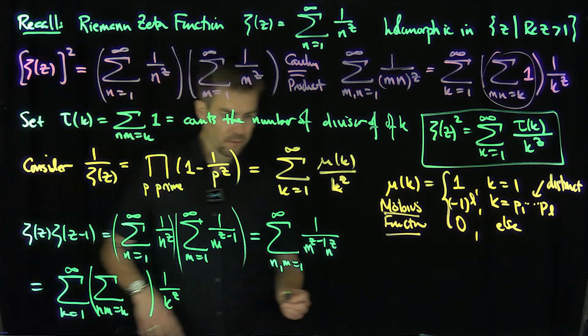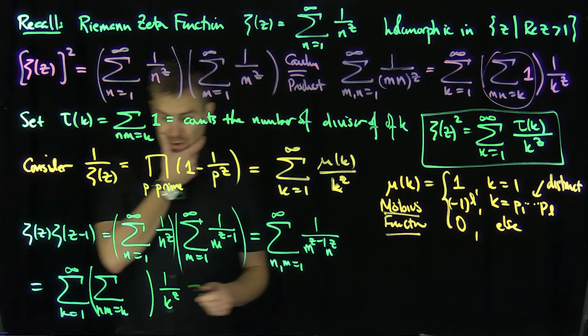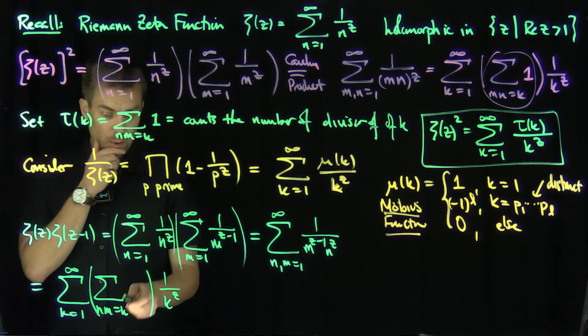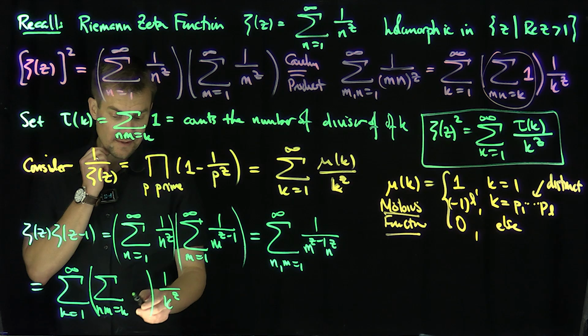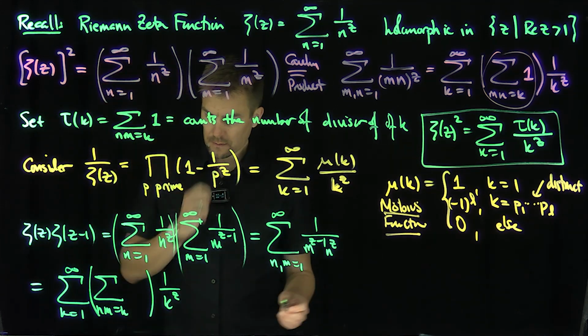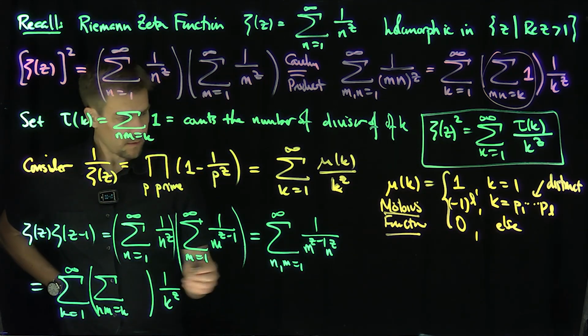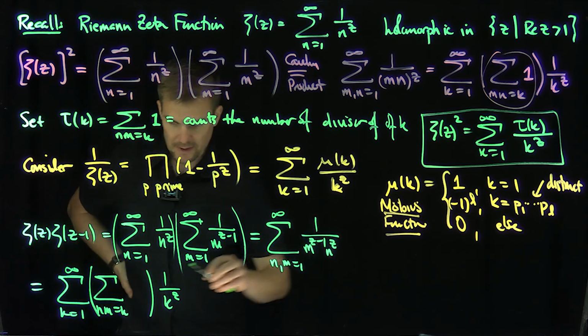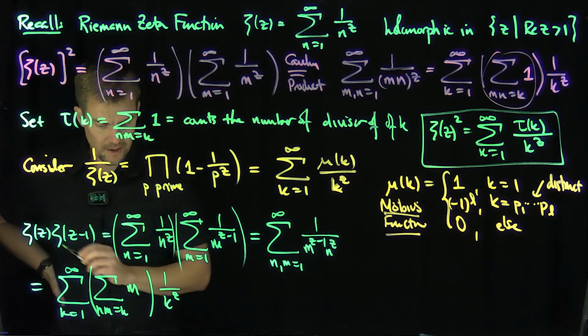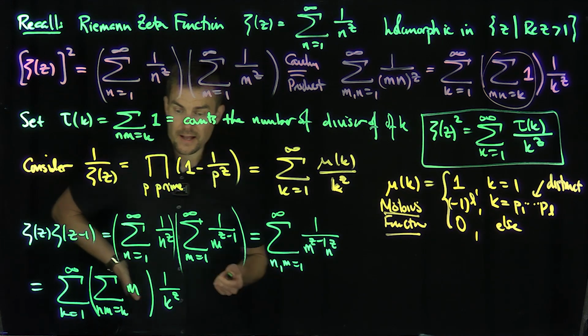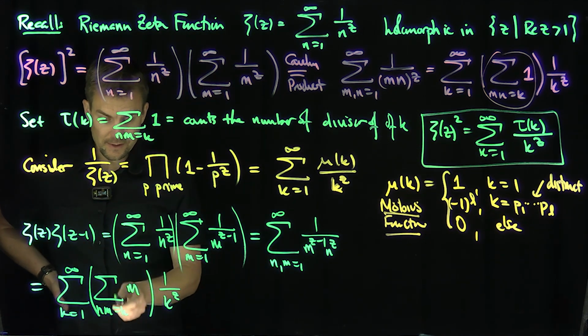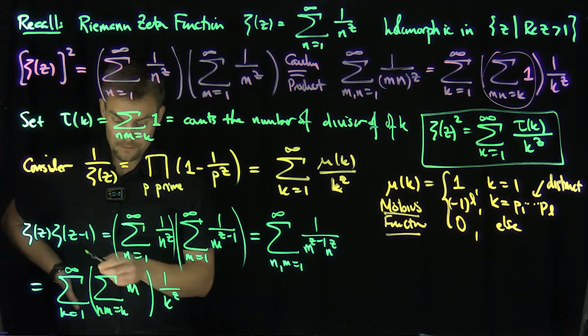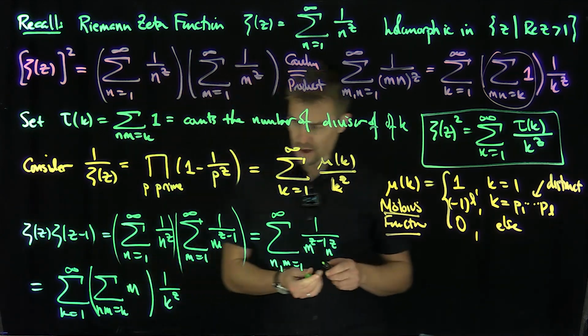But what did I have left over? What I had left over is m to the -1, so I'm going to put the m on top over here, the sum of m. Now let's examine what that's going to count. That's going to sum up all the divisors of k.